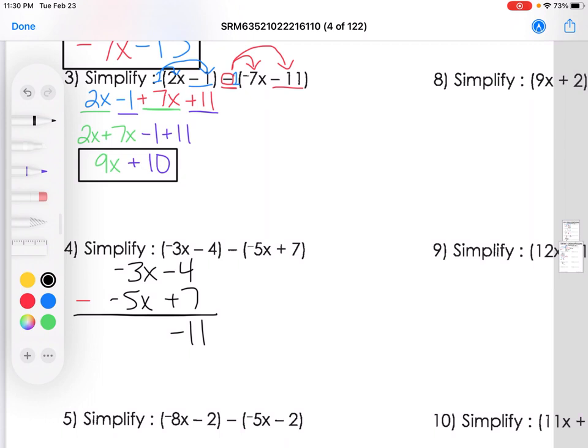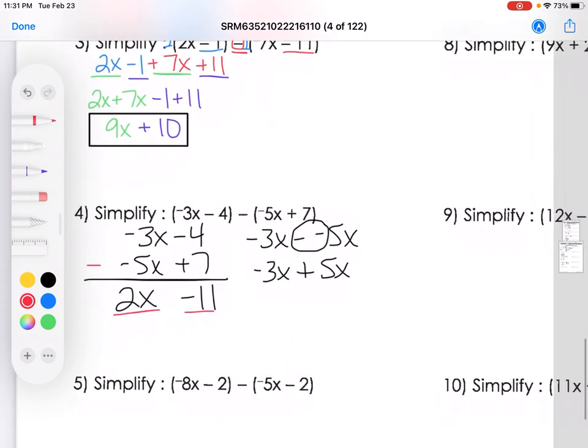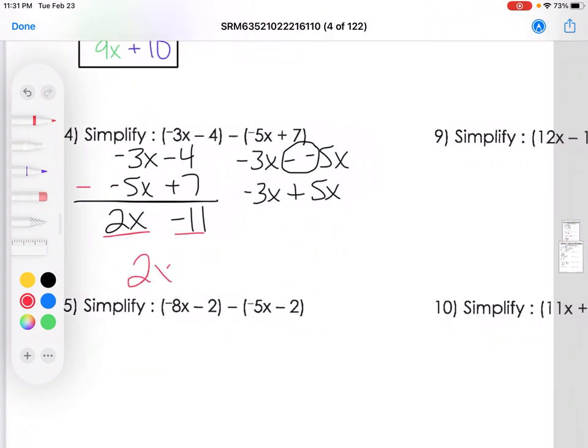Negative 3x minus negative 5x. Again, remember, if I'm subtracting a negative, that means I'm just adding. So negative 3x plus 5x, which would be a positive 2x. So my simplified answer would be 2x minus 11.